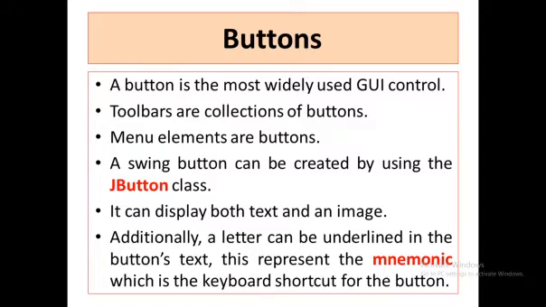It means for whatever text appears on a button, we can provide a shortcut key, and that shortcut key appears underlined. This represents the mnemonic, which is the keyboard shortcut for the button. It means by using the shortcut key we can activate that button through the keyboard.